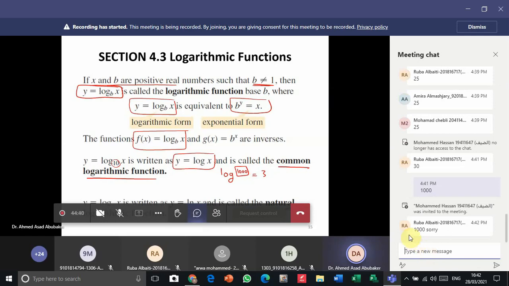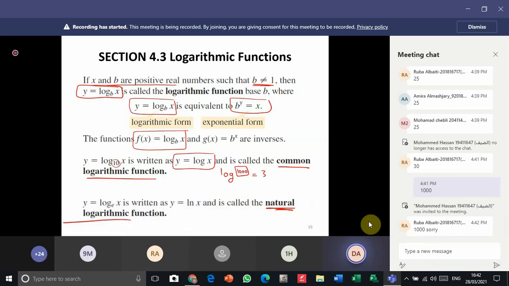Also, we have the natural logarithm. If we have a logarithm with base e, this is special. If we have base 10, this is the common logarithm, and we remove the 10. If we have base e, this is called the natural logarithm, and we remove the e and write ln. So ln x equals logarithm x to base e.